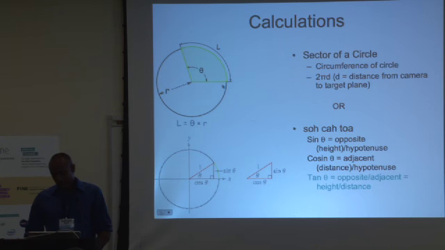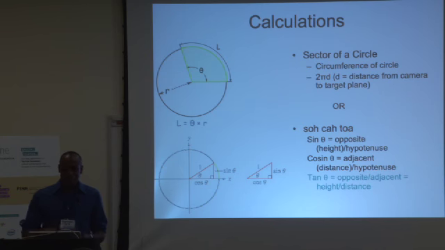Another possible solution, depending on how flat or how spherical your projection is, is to use trigonometry. And I don't know how many of you remember trigonometry from high school, but actually I never learned this in high school. I only learned this when I started tutoring high school kids, that they have this nice anagram, I don't know what you call these, SOHCAHTOA, right?